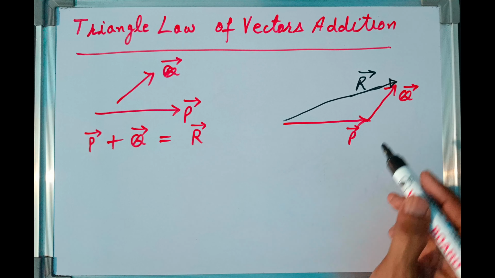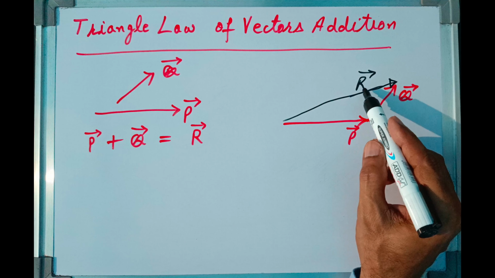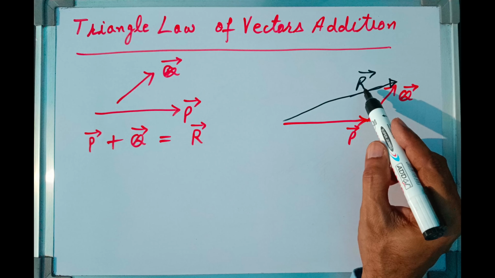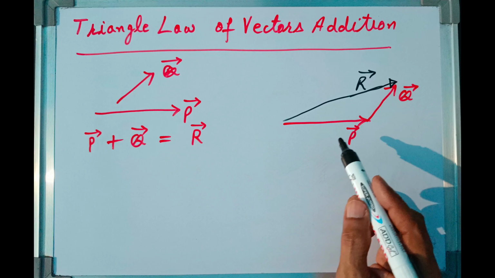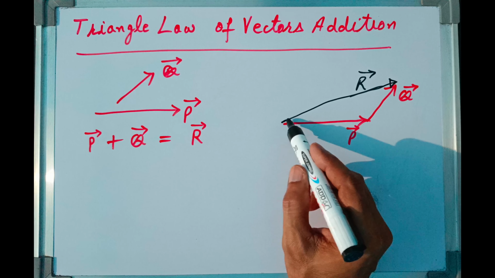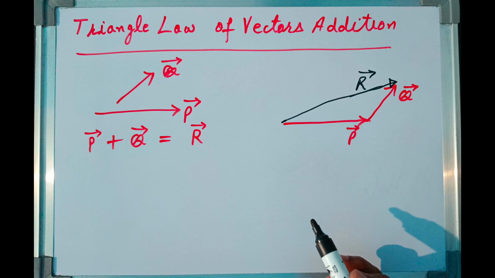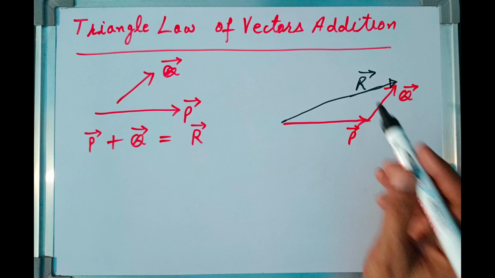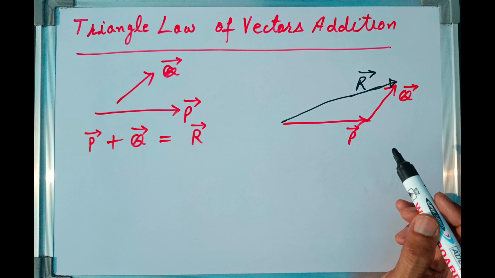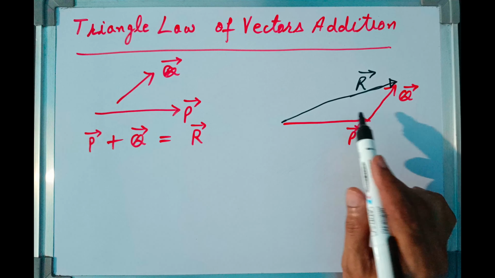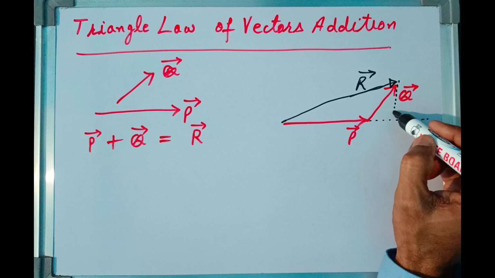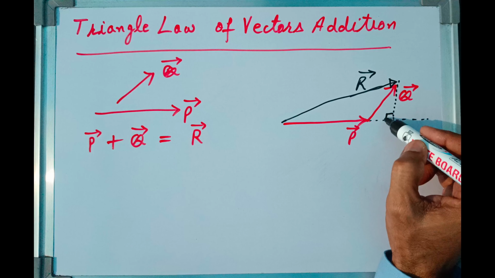Now next question is how to find magnitude of this resultant vector. Direction is very much clear. It is along the third side of the triangle. In order to find magnitude of resultant vector, we have to modify this triangle. Let me produce this line forward and drop a perpendicular over this line.